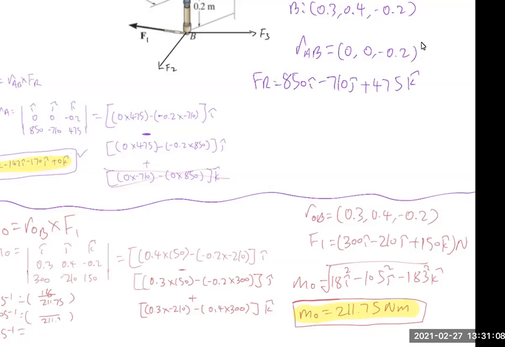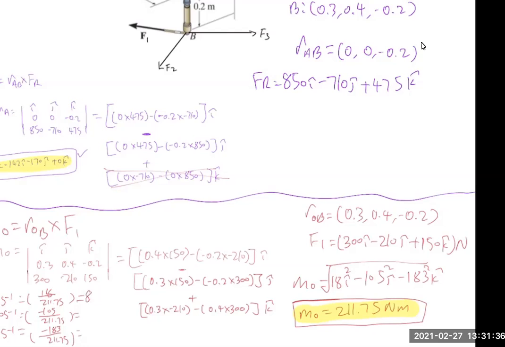I know all of them are going to be divided by 211.75. My beta, negative 105 divided by 211.75. My gamma, negative 183 divided by 211.75. Let me see what they're equal to. I have this right now.